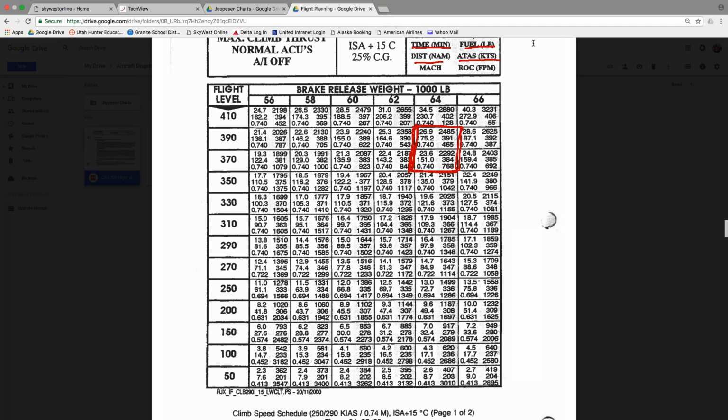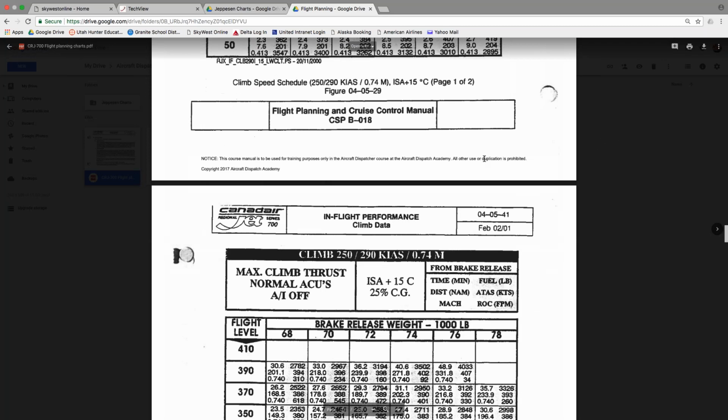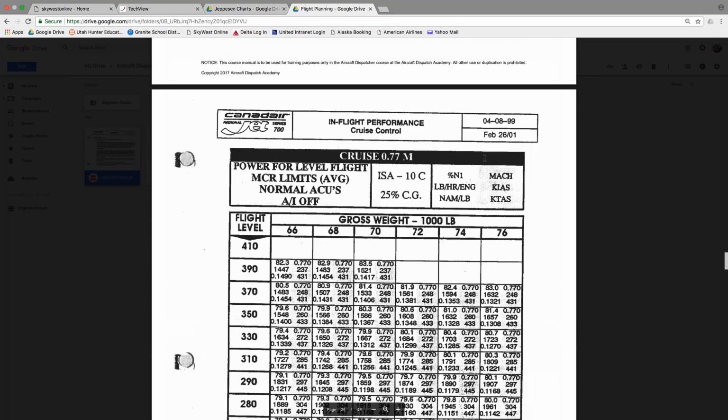Now, let's go and figure out our descent, since we did a little pre-planning. This one, our ISA deviation.